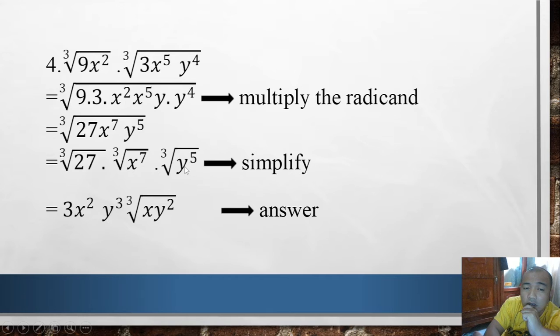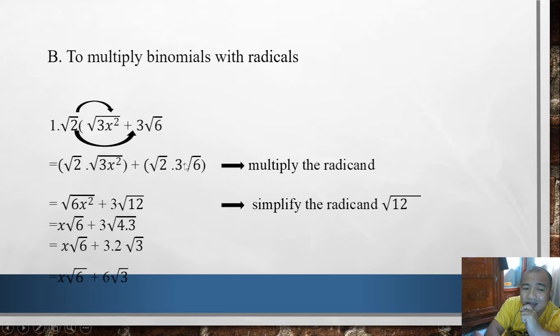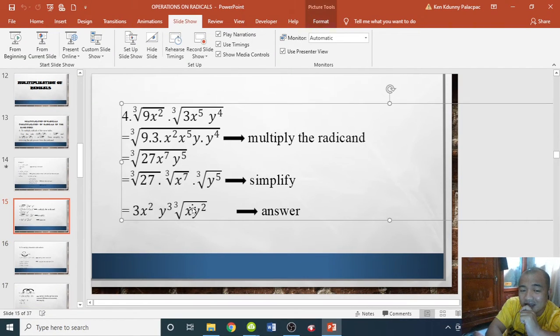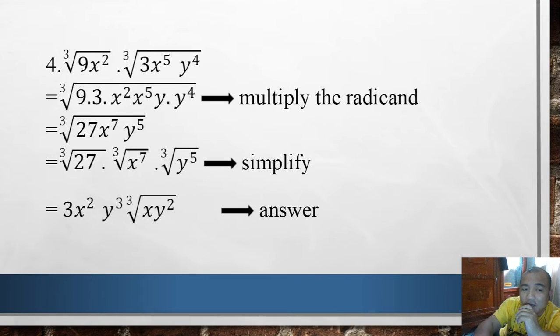Wait, the answer here is wrong. Can we interchange this? Alright, let's just correct the answer. We cannot edit it anymore. So the answer should be 3x squared, y. There should be just y here, the cube is gone. So let's erase the cube.